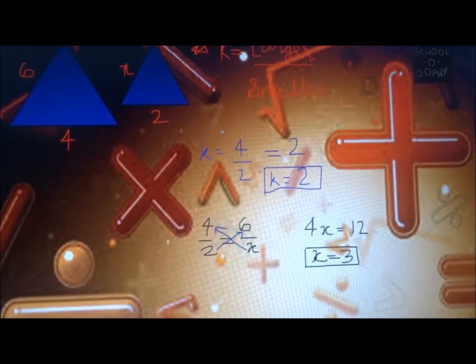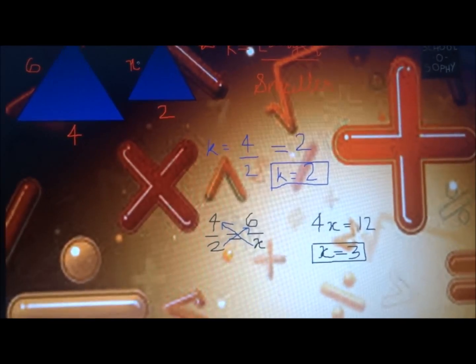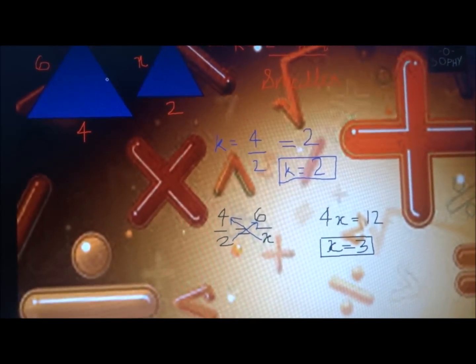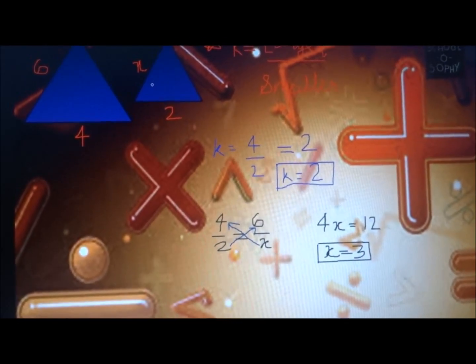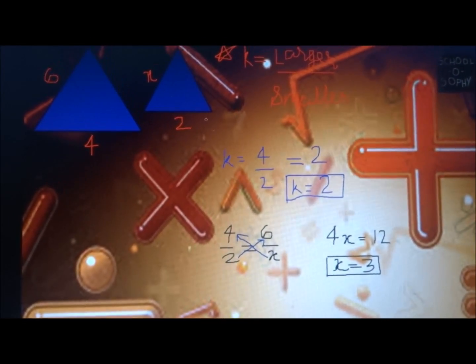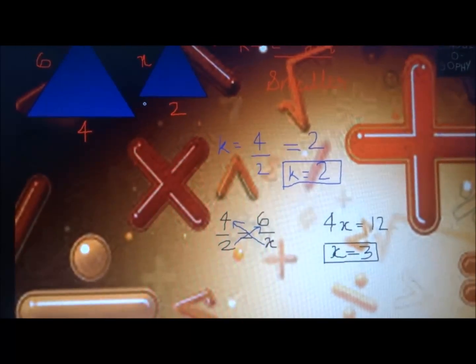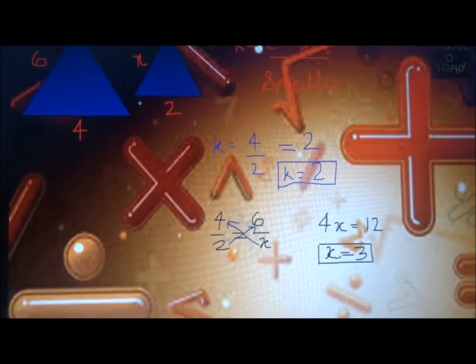k is equal to 2. Now to find out the value of x, we can have two ways. Either you divide this 6 by 2 or the k to find out the value of x, or you can use this. 4 upon 2 is equal to 6 upon x. Now because 4 is the side from the larger triangle, even here we will take the side of the larger triangle.